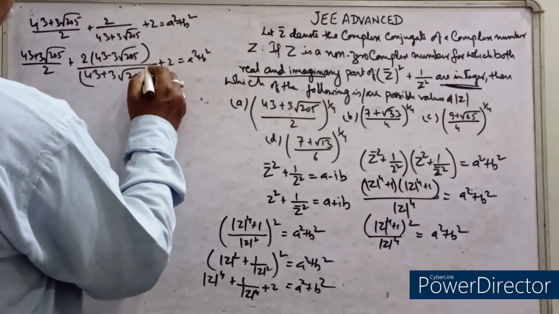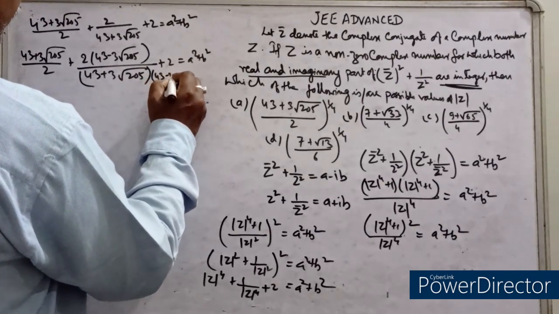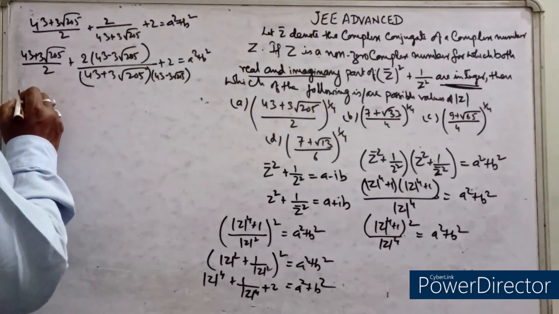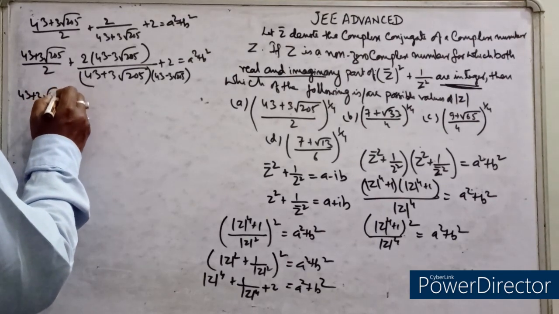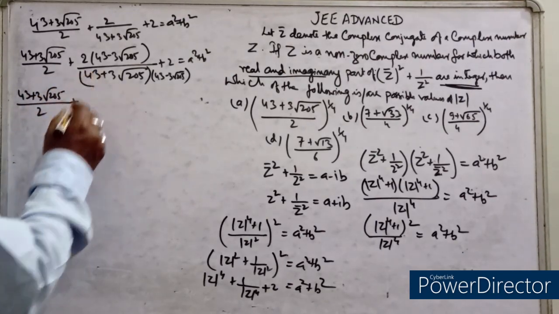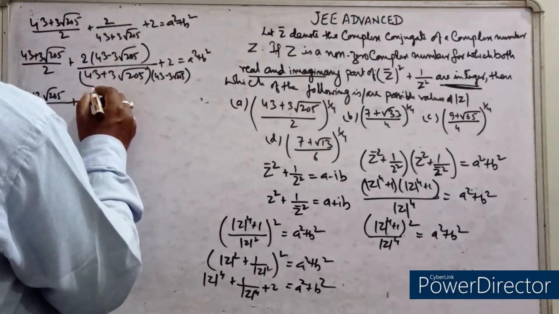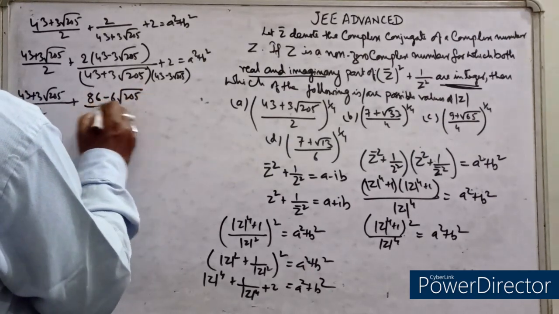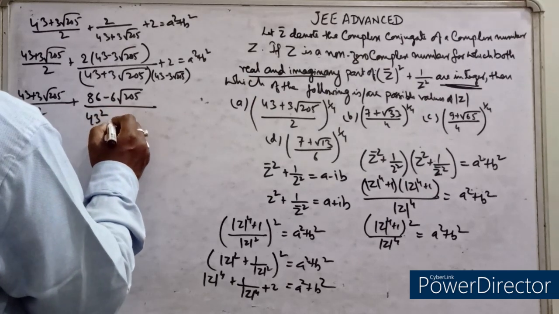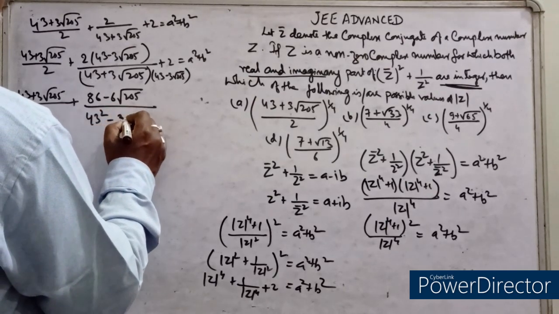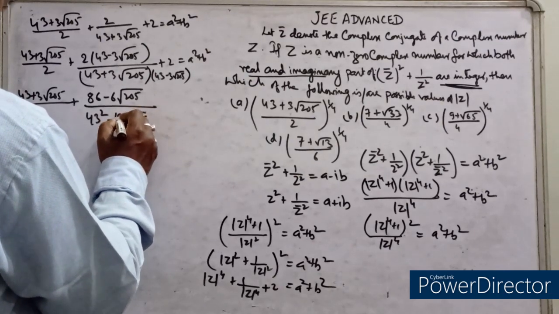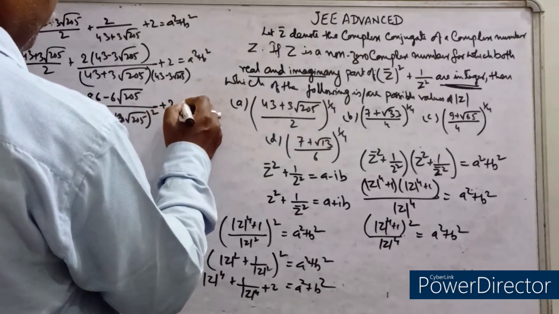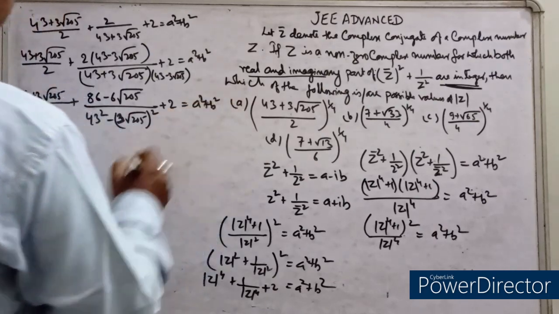Oh sorry, into 43 minus 3√205. So here this is (43 plus 3√205) by 2, and this is how much? 86 minus 6√205, and in the denominator it is 43 square minus (3√205) the whole square, and plus 2 is equal to A square plus B square.